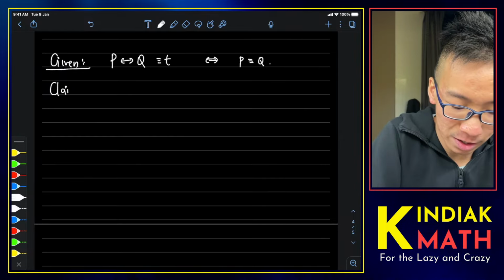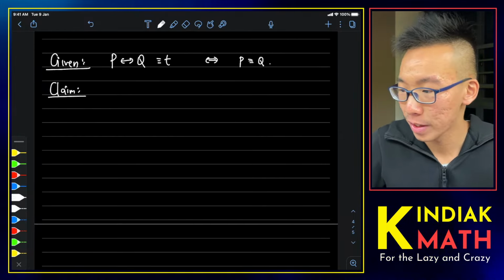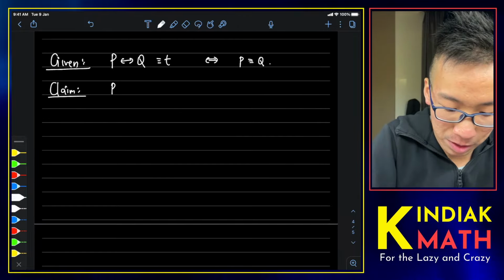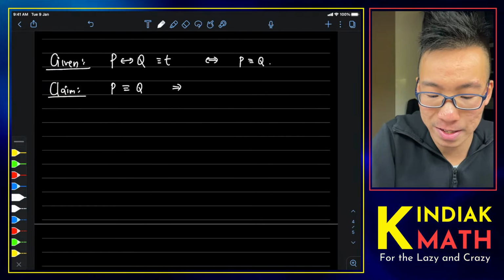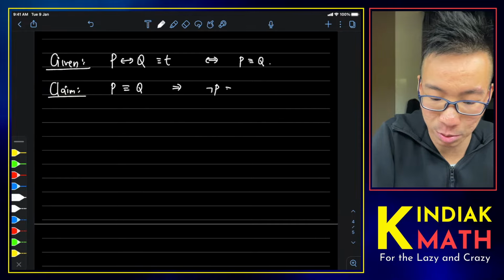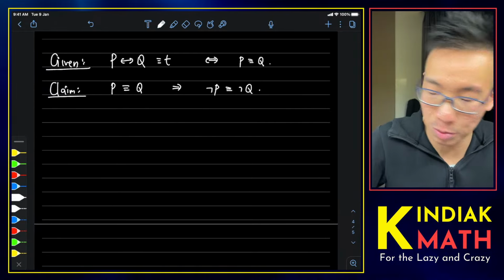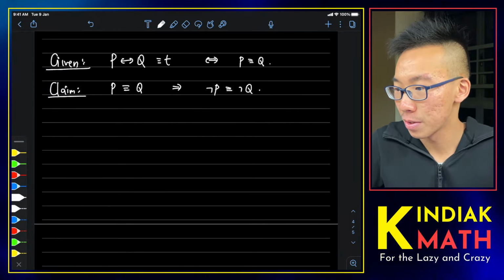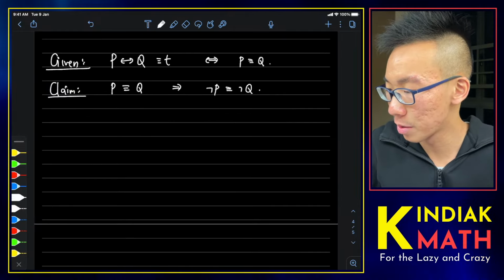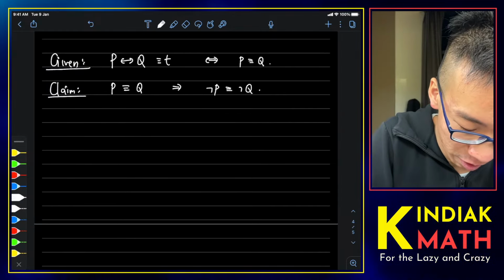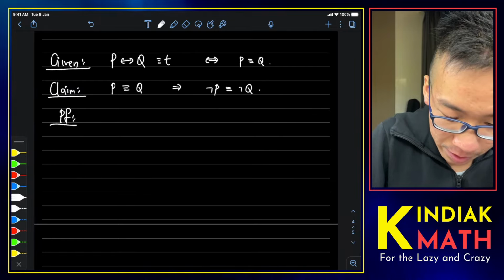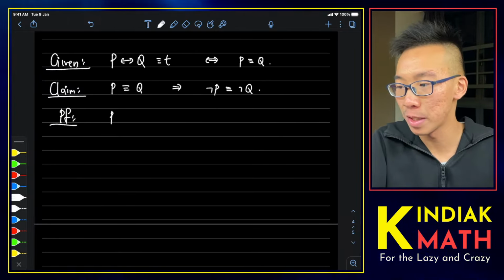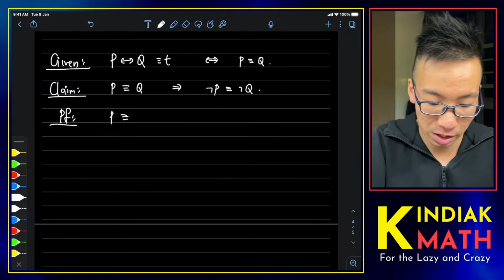So the claim here is that P equivalent to Q implies that the negation of P is equivalent to the negation of Q. So here's a really quick proof of this claim. We're given P equivalent to Q.